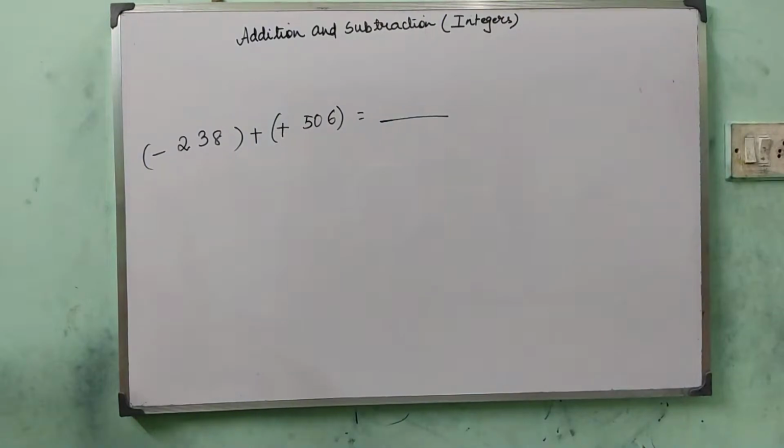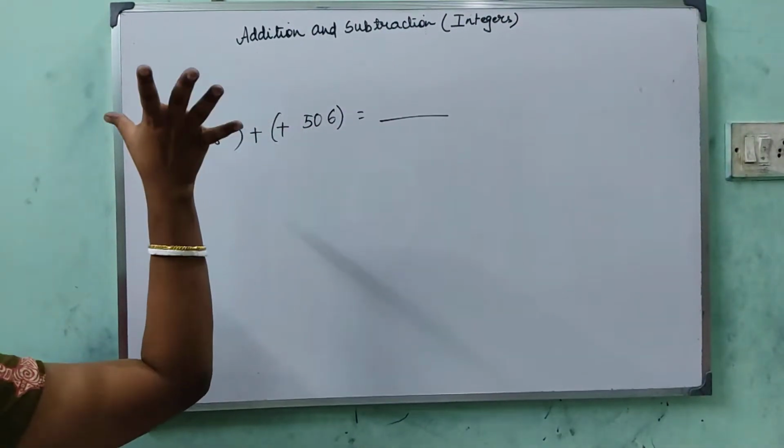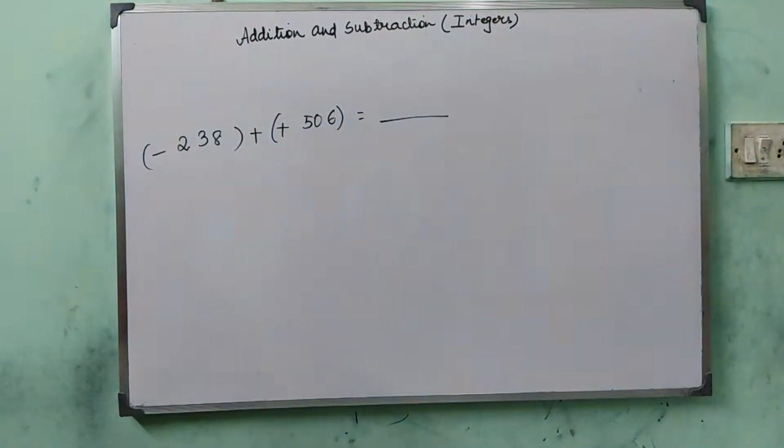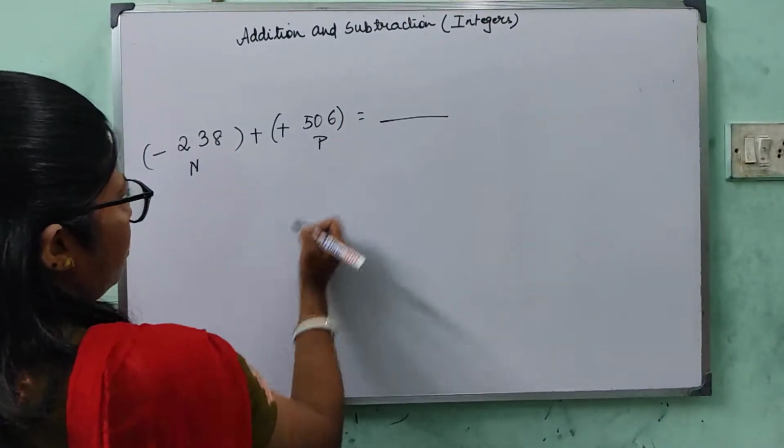Think about this. Take 5 seconds and do it. Hurry up. By now you might have already started solving, or some of you have already solved the sum. So I can see this is the negative integer, this is a positive integer.